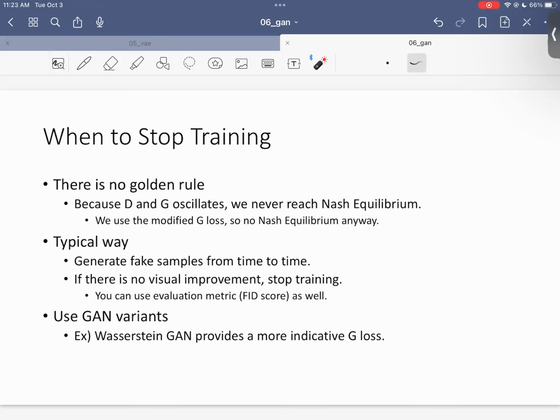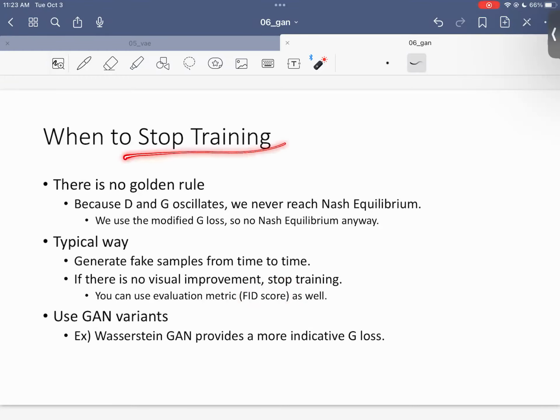So it is a problem, because if you were playing with autoregressive models or VAEs, you can calculate the likelihood, and if you're satisfied with the likelihood, then you can stop the training, right? But in GAN, there is no likelihood function whatsoever. So all you can do is look at the samples with your own eyes and see if you're satisfied, and then stop training, or use an indirect evaluation metric called FID score, and see if you're satisfied with the FID score.